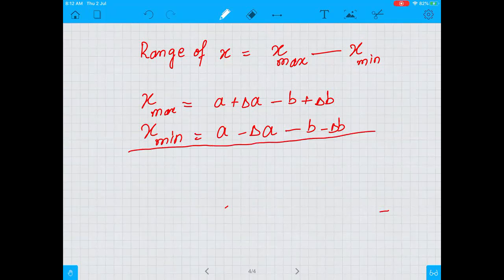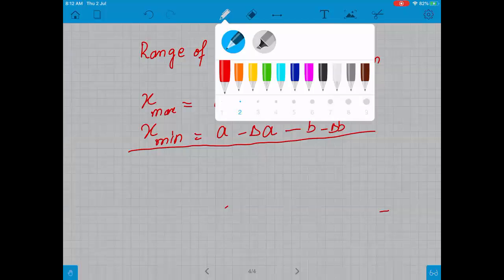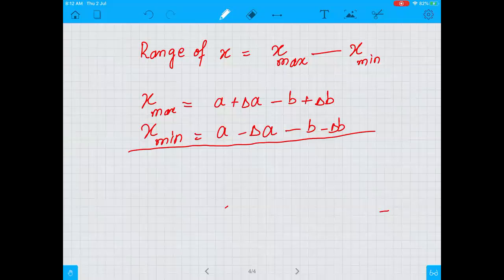Now to find the range of values of x, we have to subtract the minimum value from the maximum value, and this subtraction you did in your 6th or 7th class. If you subtract two expressions, then you change the signs of the lower expression. So signs of this expression will be changed, as you see.